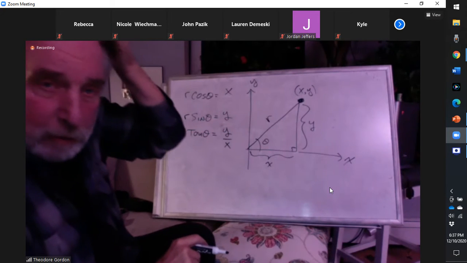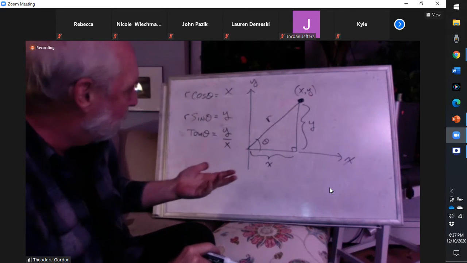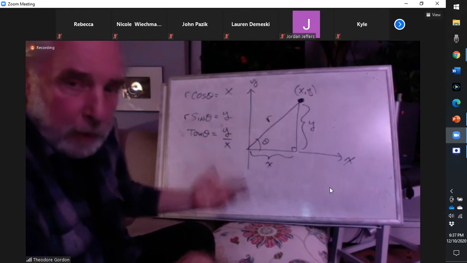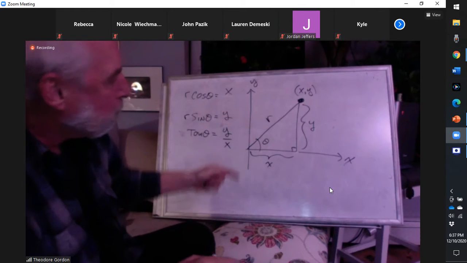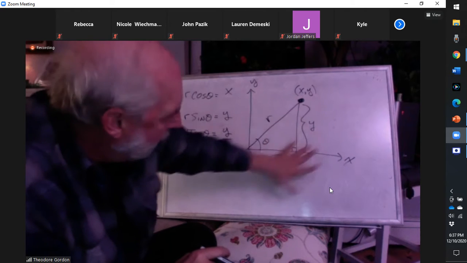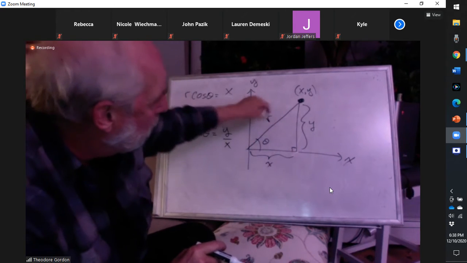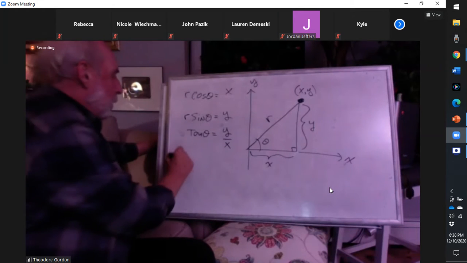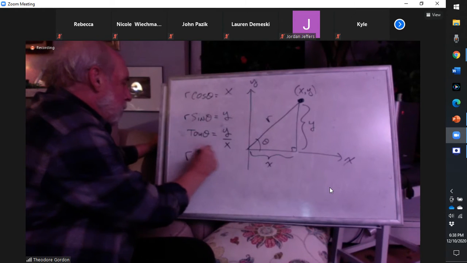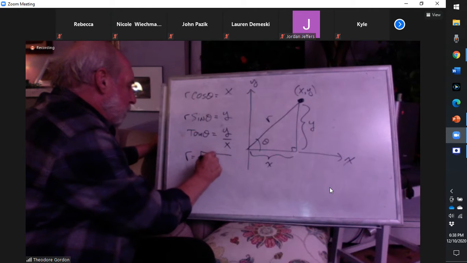So this gives us a means to convert back and forth. And there's one other thing that we can figure out here. Because of the rectangular coordinate system and we have a right triangle, we also know what r is equal to. r is equal to the square root of x squared plus y squared.